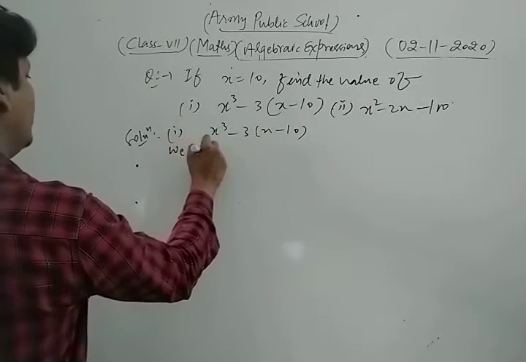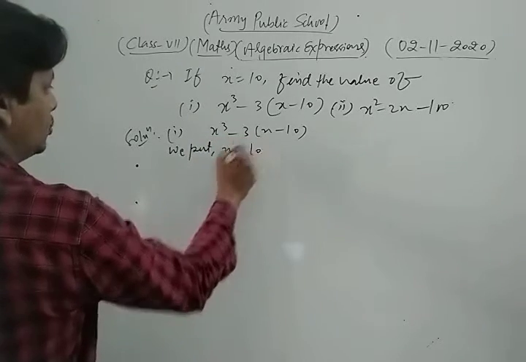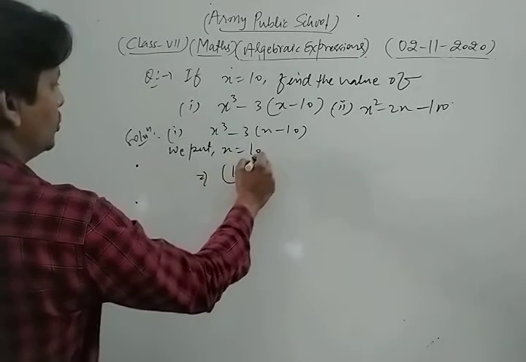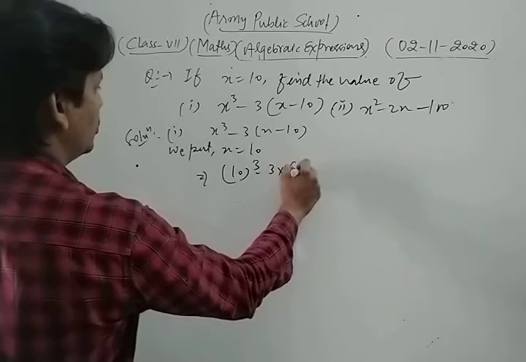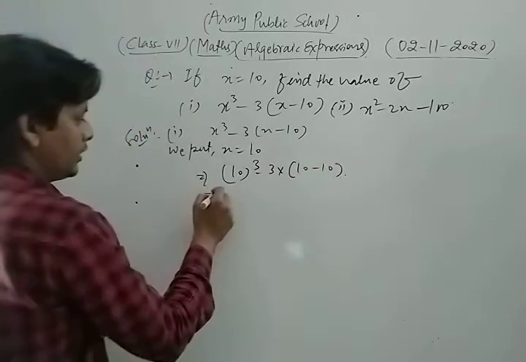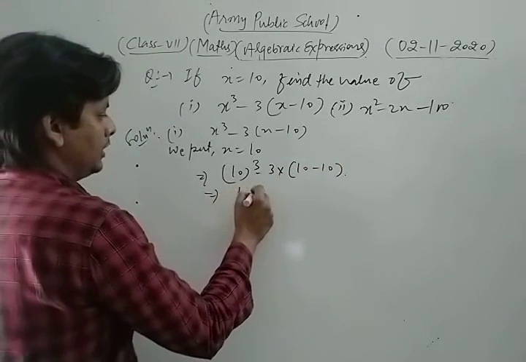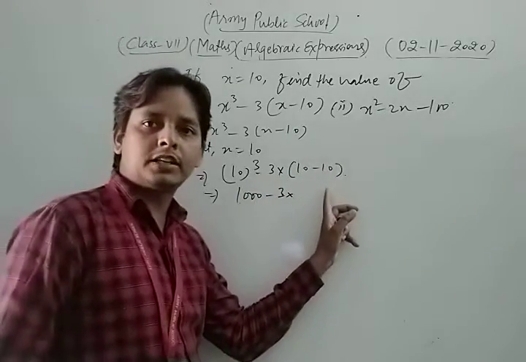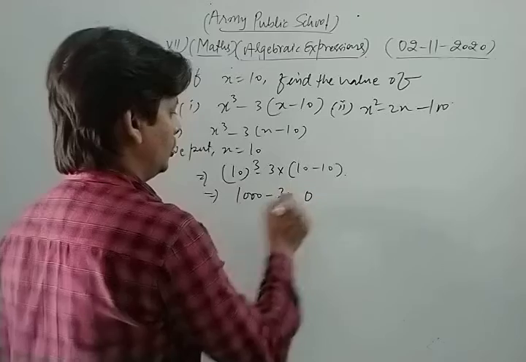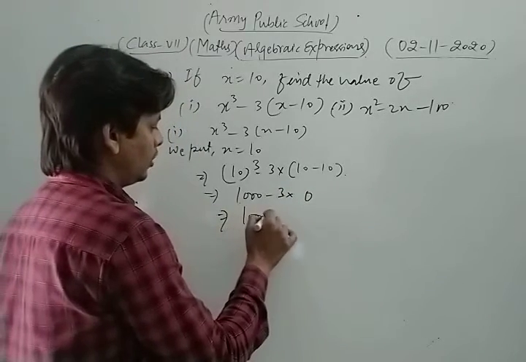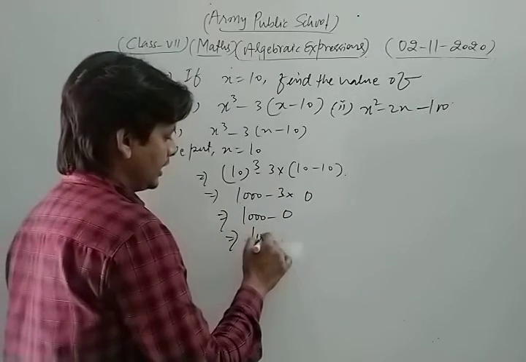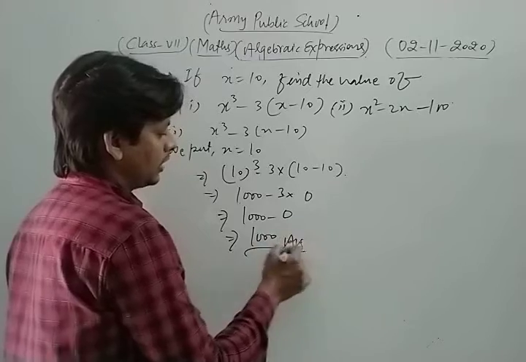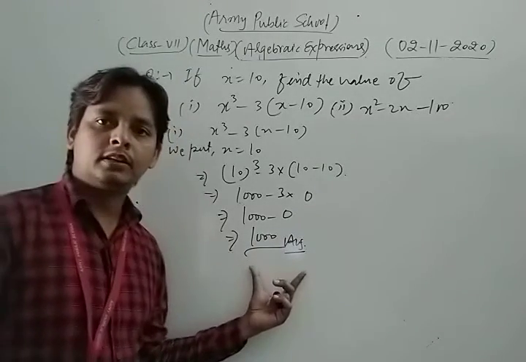Now we put x equal to 10. So we get 10 cube minus 3 into 10 minus 10. This is 1000 minus 3 into 10 minus 10. The value of 10 minus 10 is 0. So we get 1000 minus 0. The required answer is 1000.